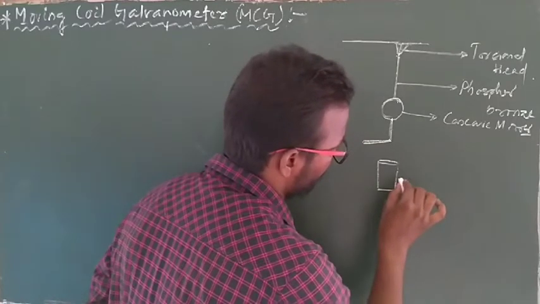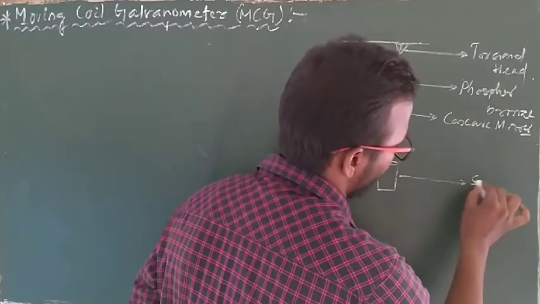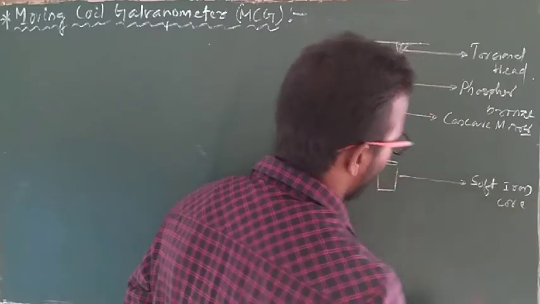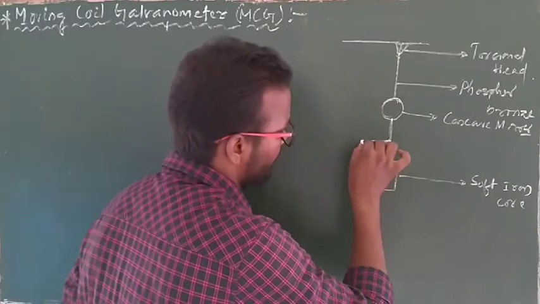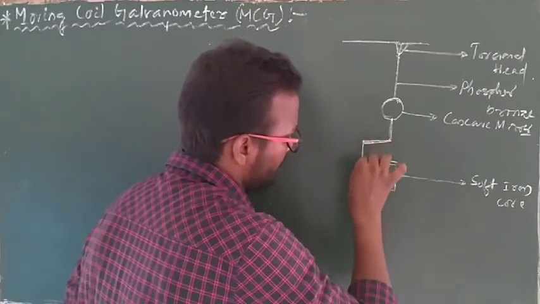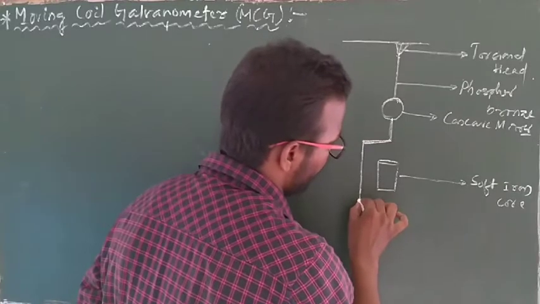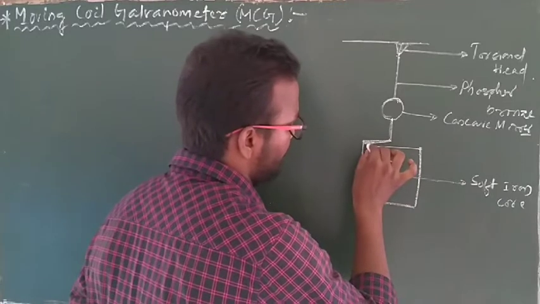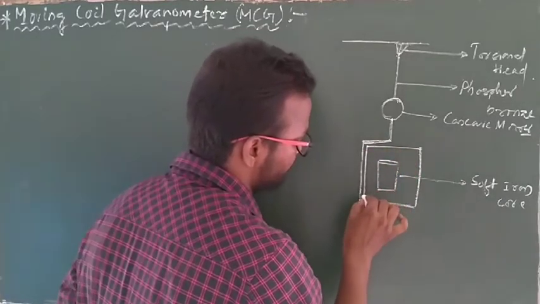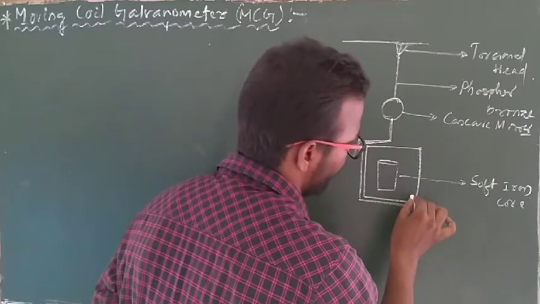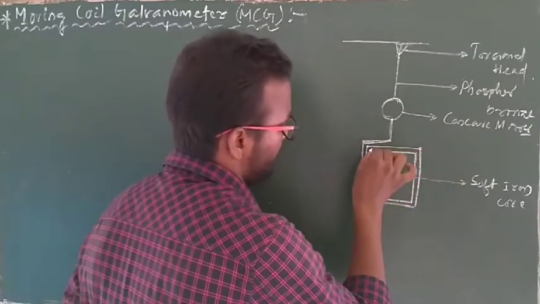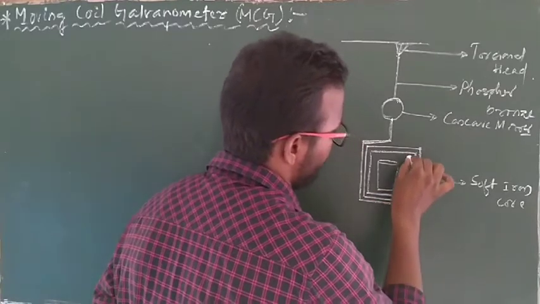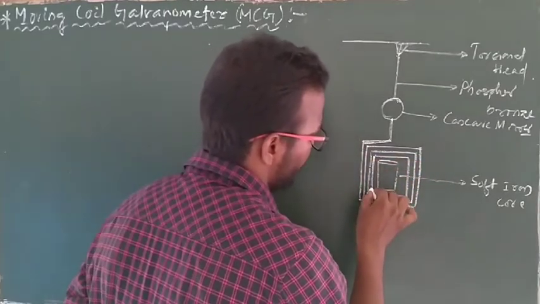This insulated coil is wound over the soft iron core in this way.